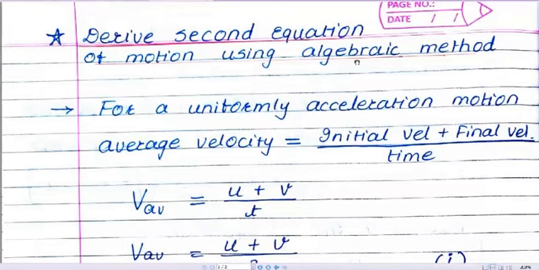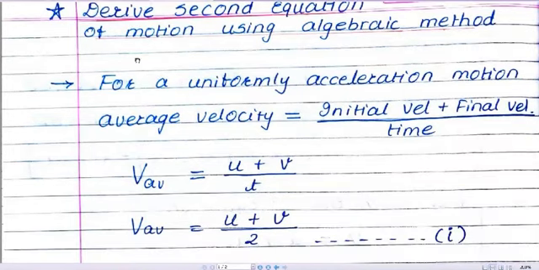Here also we need to understand that we will use this for uniformly accelerated motion. For uniformly accelerated motion, we know that average velocity is initial velocity plus final velocity upon time. We know that initial velocity is u, final velocity is v, and time is t.